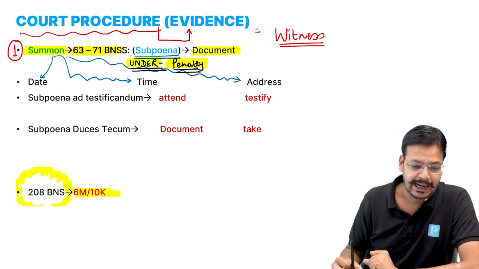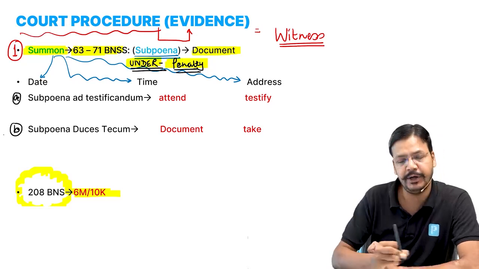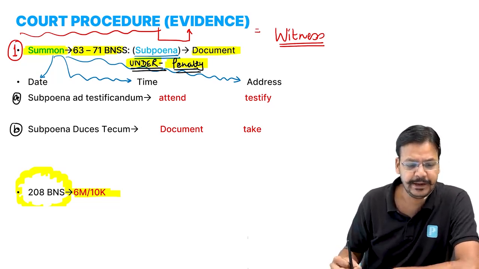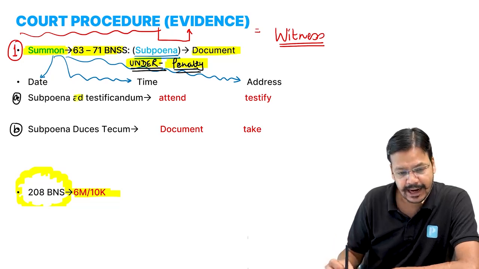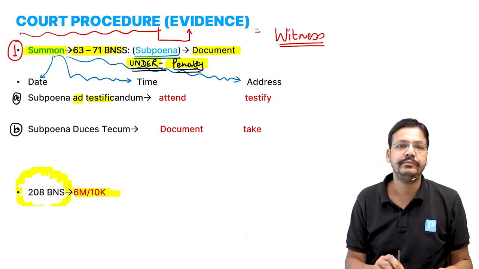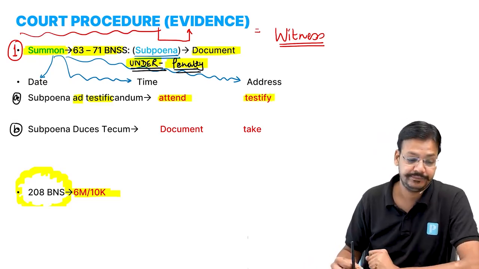Now, sir, I am categorizing summons in two categories, A and B. Subpoena ad testificandum. What is the meaning of this? Ad means attend, testify means give evidence.